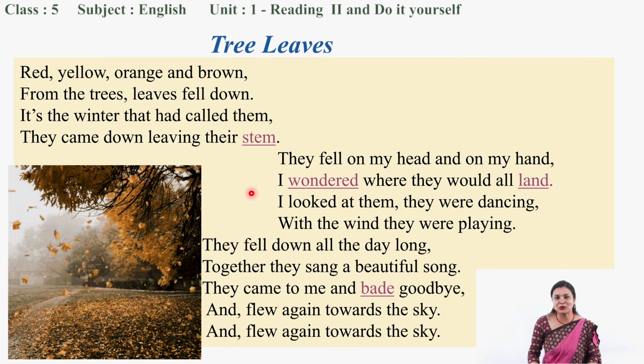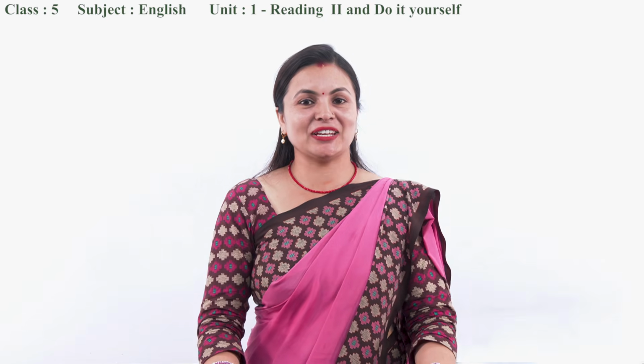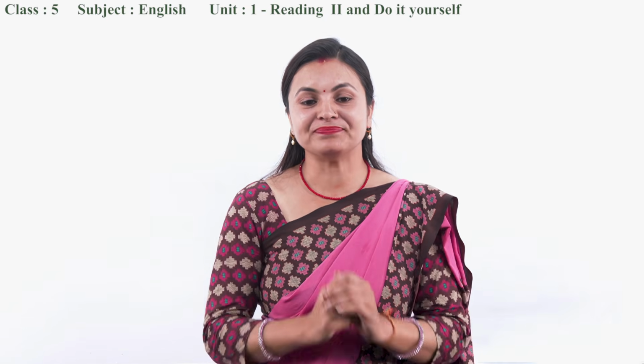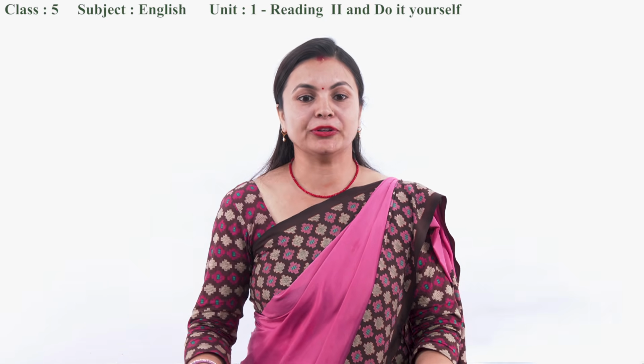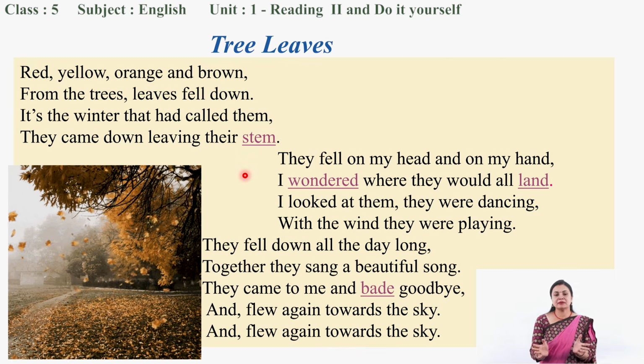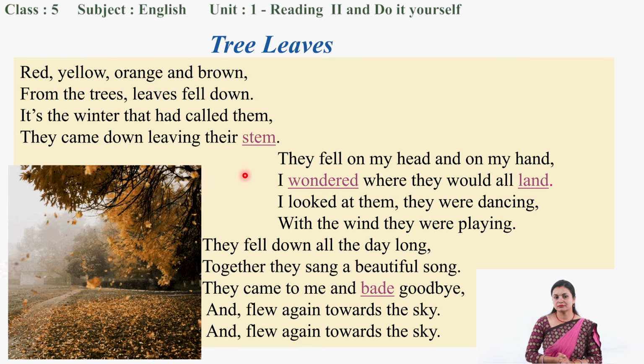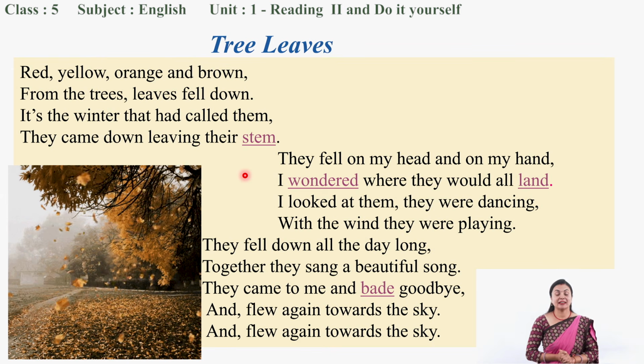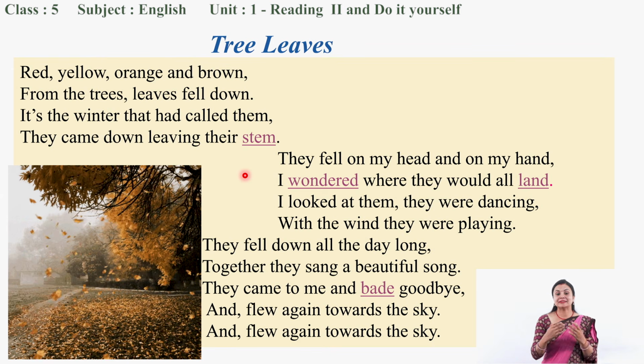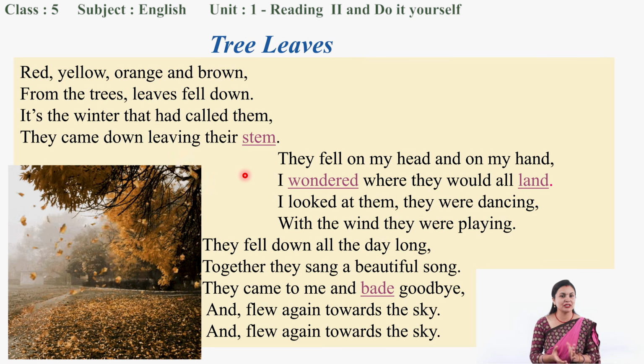So, do you enjoy this poem? That's great. Okay, I also like this poem. This poem is very beautiful. Can you tell me what this poem is about? Of course, it is about tree leaves. The topic is already tree leaves.